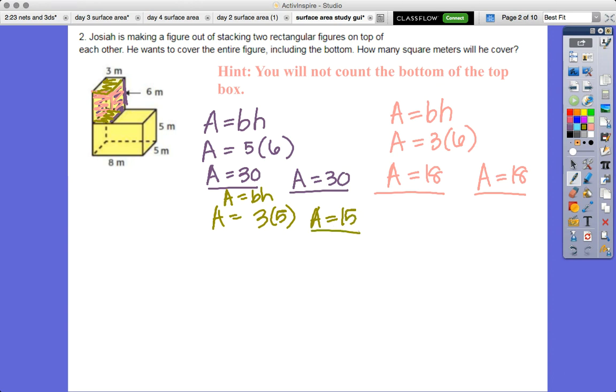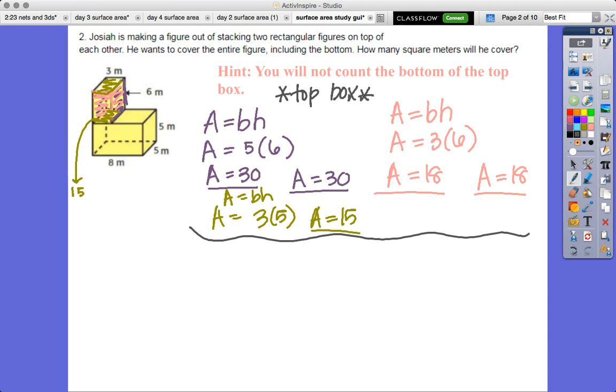All right, now I'm going to go ahead and note right here that this bottom piece is 15. I don't need that right now for my total number, but I'm going to make that note for when I get further on in this problem. And I'm going to denote that this is the top box. Sometimes that makes it easier when you're taking your measurements if you know which box you were working on.